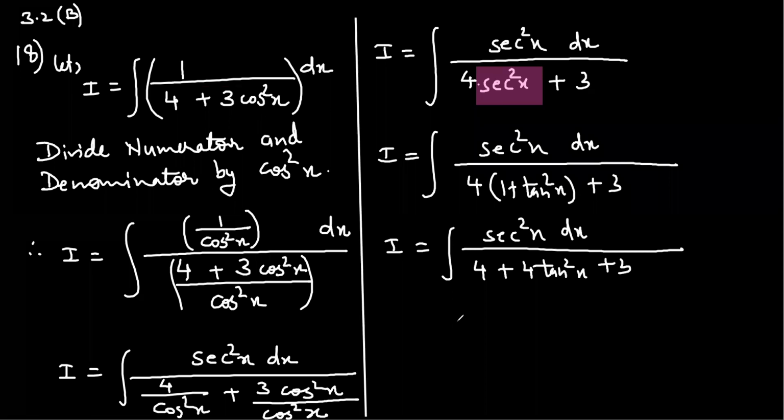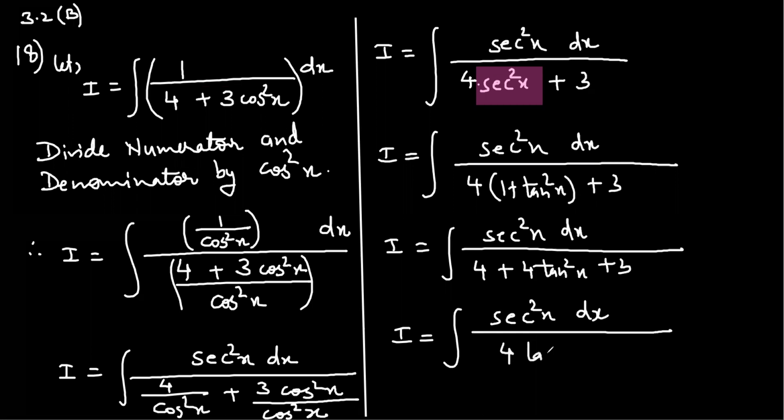So I get I equals sec square x dx over 4 tan square x plus 7.